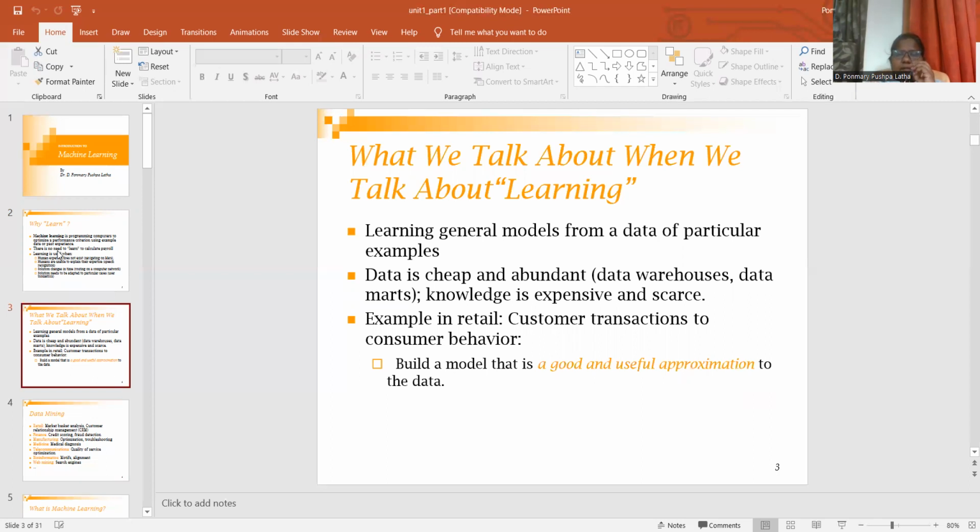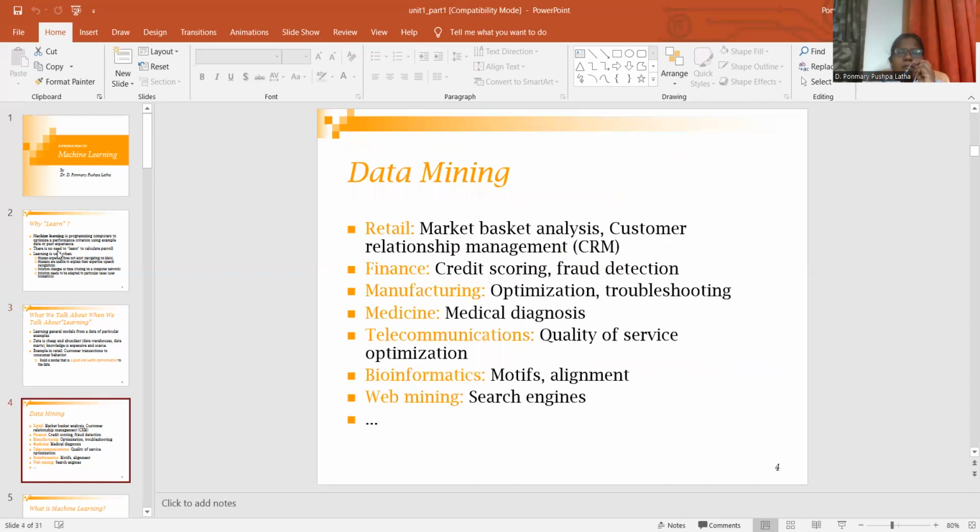When I buy bread, I will automatically buy jam also; you can predict like that. The person who buys a laptop may also buy a printer. Like that, you can predict. There are n number of applications where you can apply machine learning.